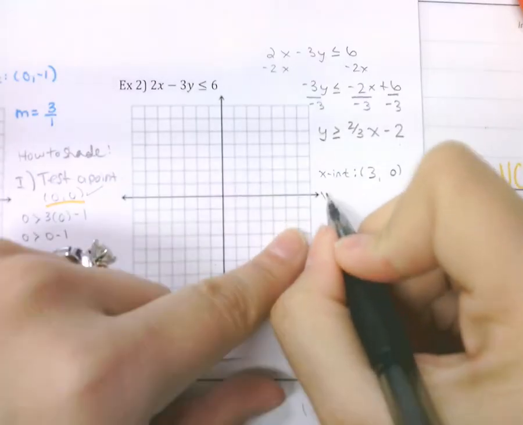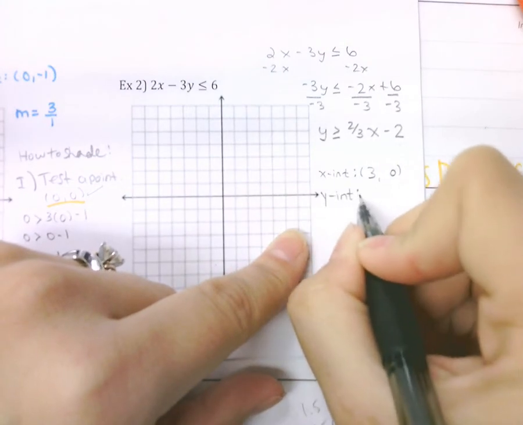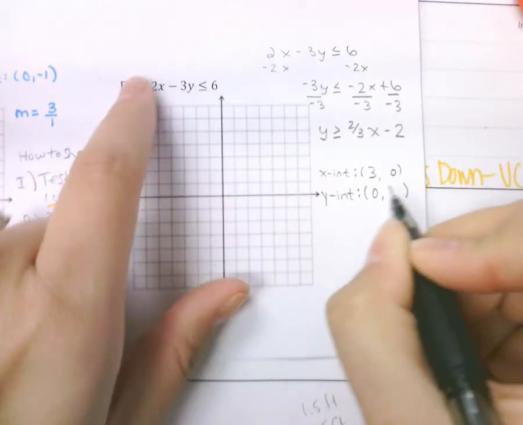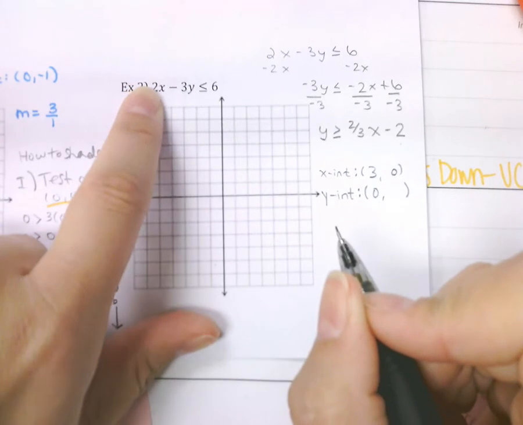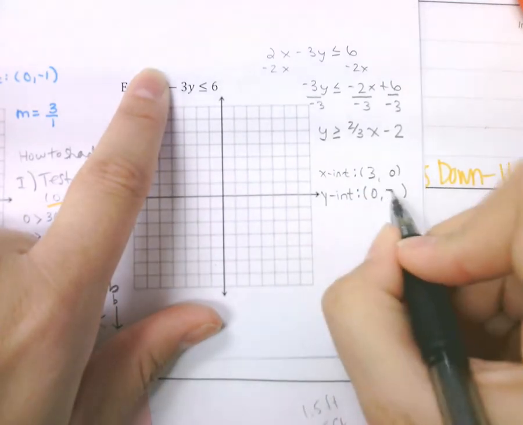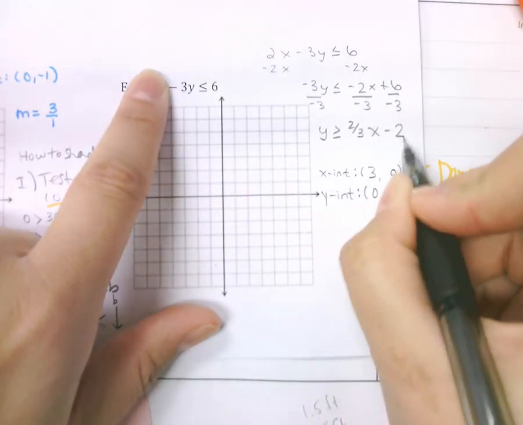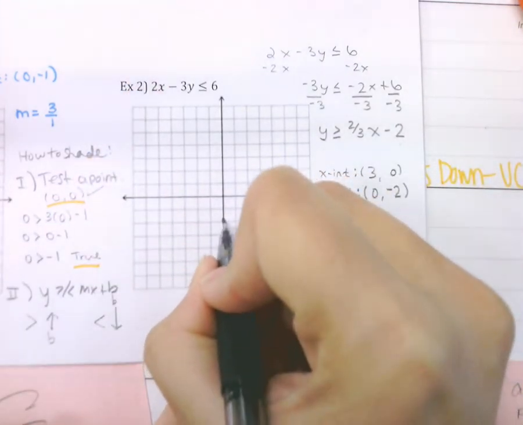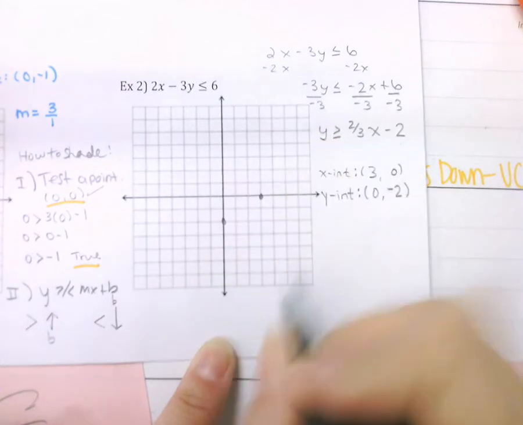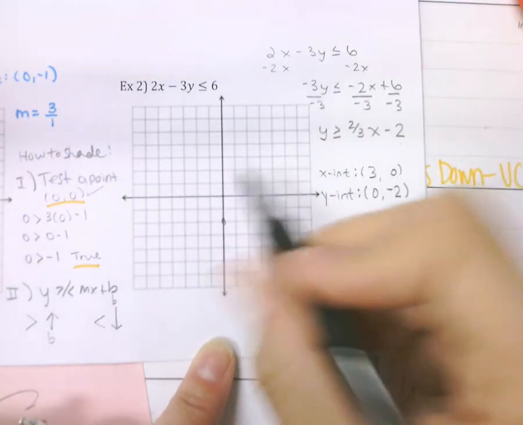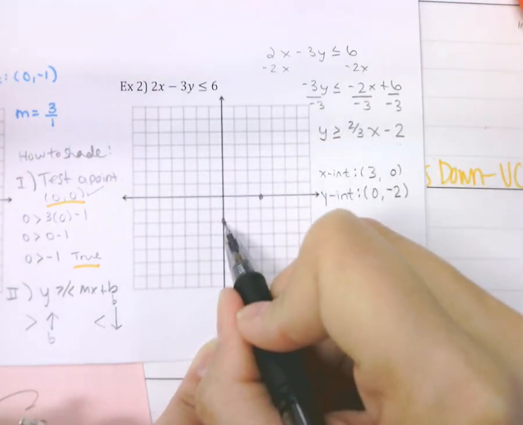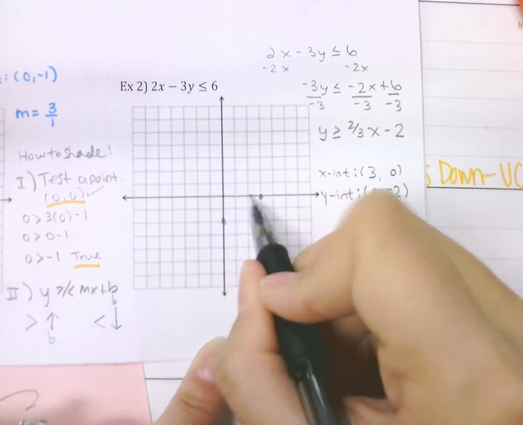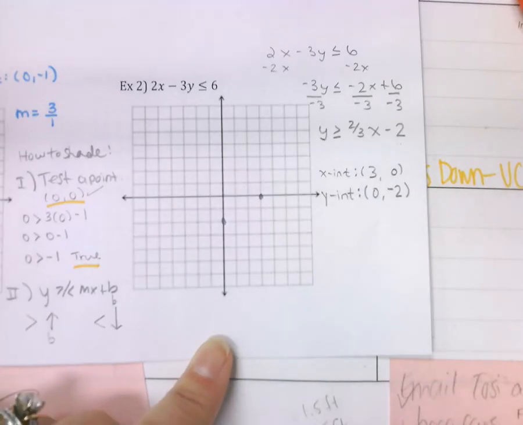You can do the same thing for the y-intercept. Plug 0 in for x and solve. Negative 2, which you can see is the same as our y-intercept when it's in slope-intercept form. So you can either graph the two intercepts, or you can put it in slope-intercept form, graph the negative 2, and then go up 2 and to the right 3. Those are two different options.